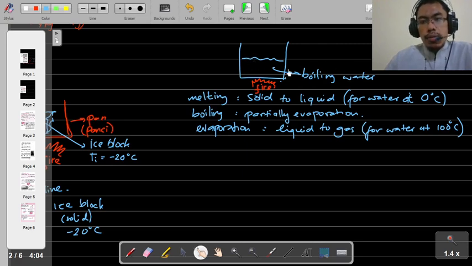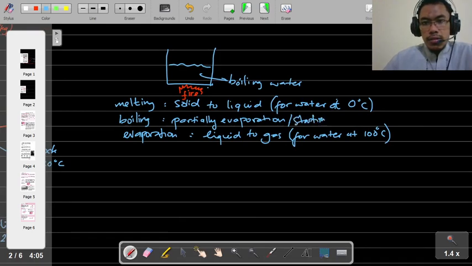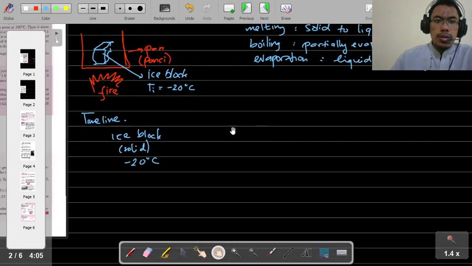In this boiling water, some part of the water is still liquid, and some part of the water has been transformed into gas. Or we can also say this is the starting point of evaporation.